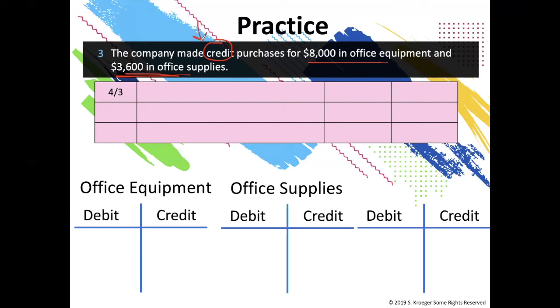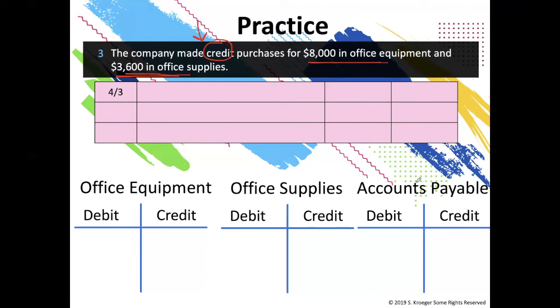So we owe the money later. What's the name of the account when we owe later? It's accounts payable. Remember, we're never getting anything for free. If we got equipment and supplies, we either pay cash now or we'll pay cash later. In this case, we will pay cash later, and we will see that transaction as well.